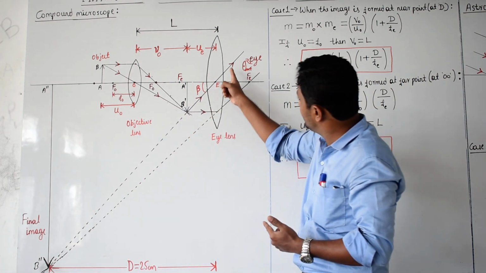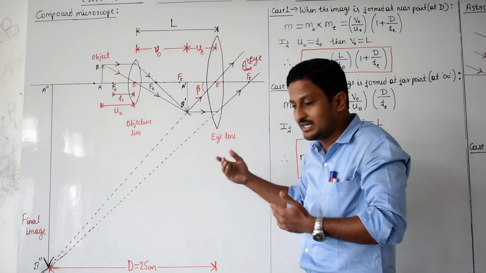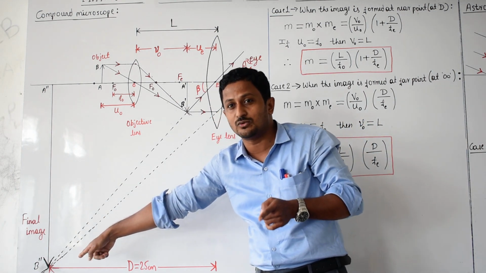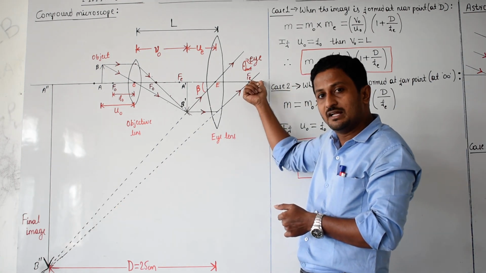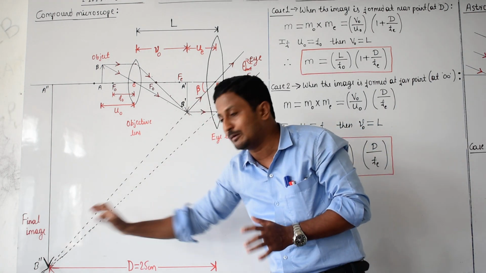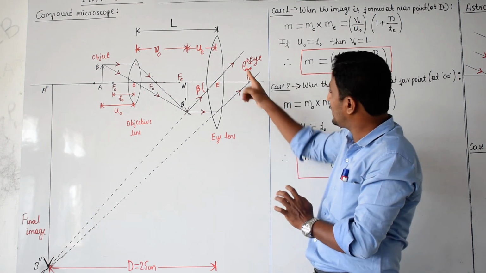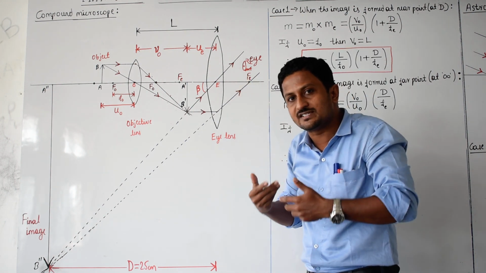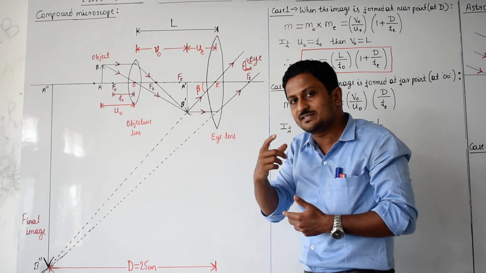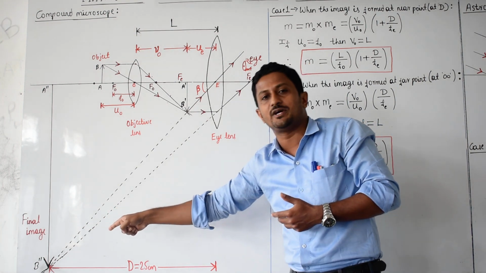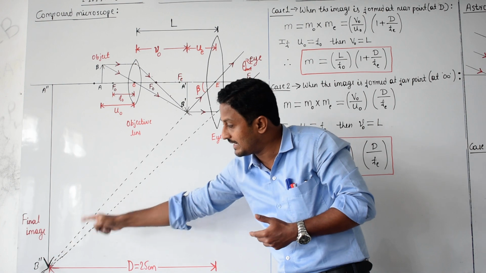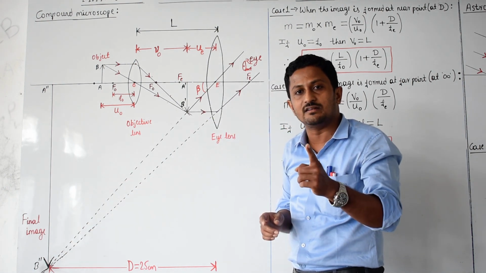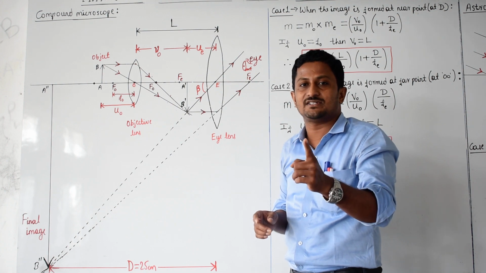Your eye will feel the image at that point. For your eye, these two light rays give the sense of the presence of an image at that point. So at that intersection point, there will be a final image.